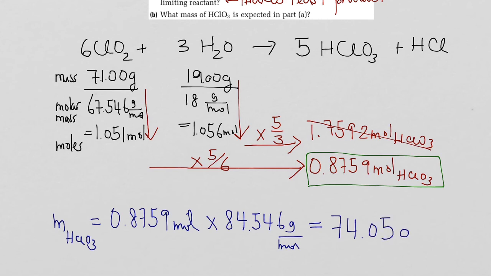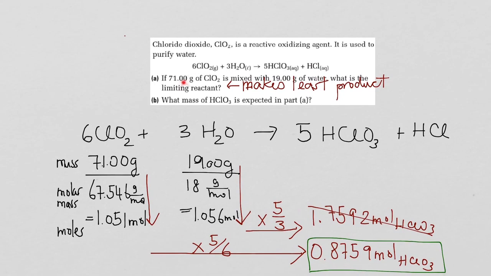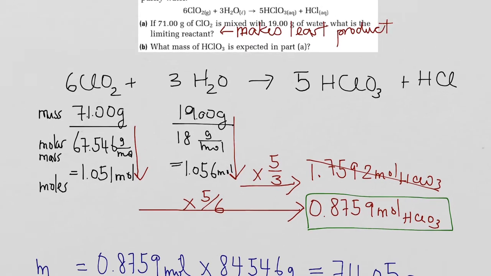And we are using 4 significant digits because the original question gave us 4 significant digits for both masses.